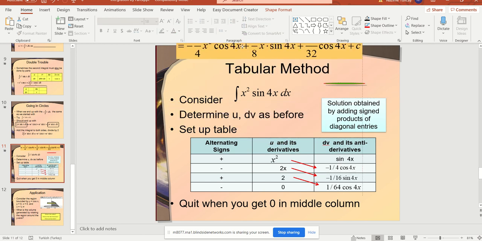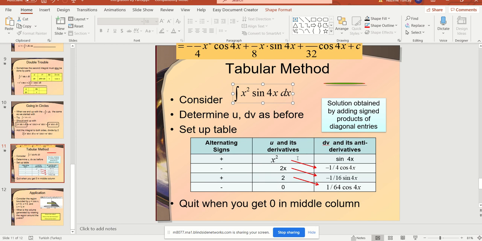In this method we choose x squared as u, because this is algebraic and this is trigonometric, which comes later in LIATE. In both formulas, integration by parts and the tabular one, this is the same. We take the derivative of x squared until we get 0.